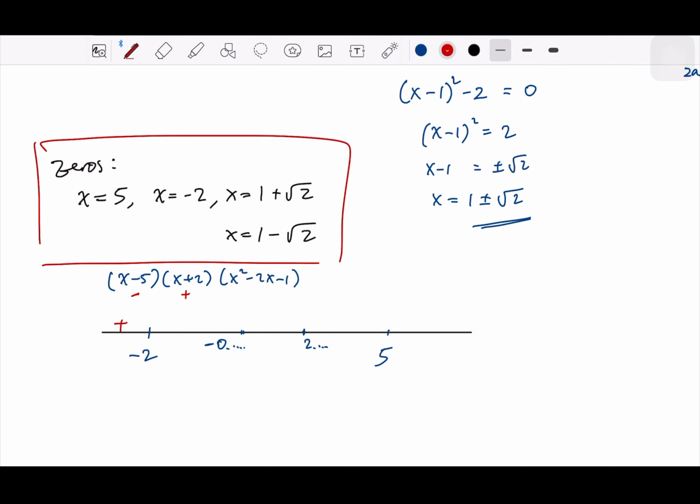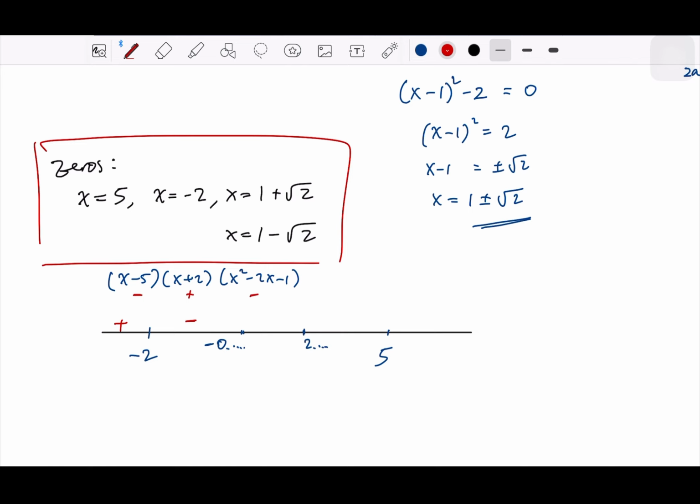This is positive, so it should be negative. And then between this, we could take 0. Take 0 is negative, positive is negative.